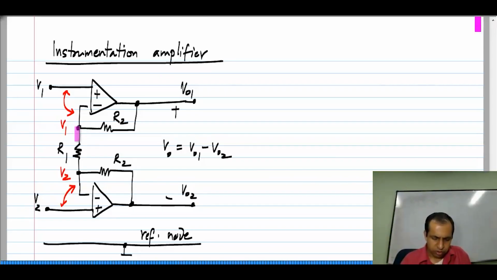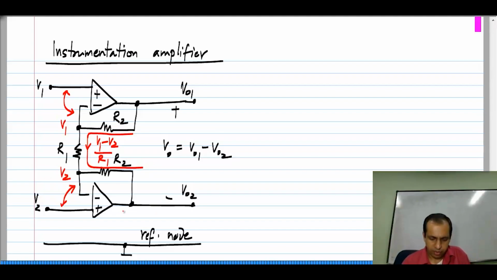So, this resistance R1, its upper terminal is connected to V1, the lower terminal to V2. So, the current flowing through this is (V1 minus V2) divided by R1. And that current goes into this resistor, nothing goes into the op amp, and similarly goes into that resistor.